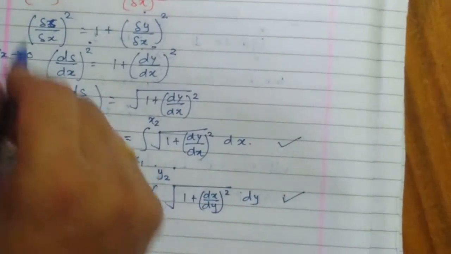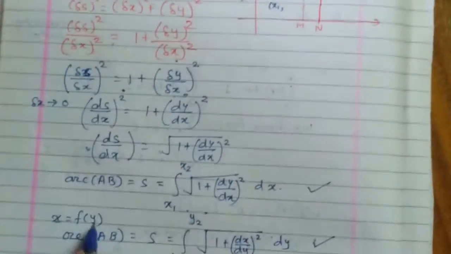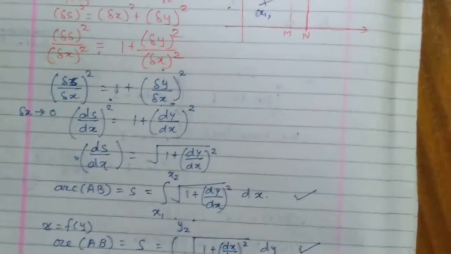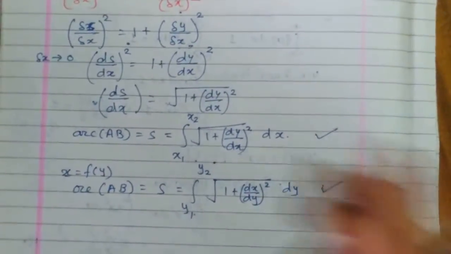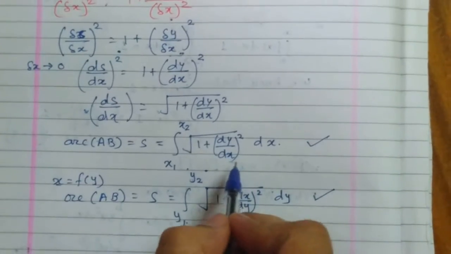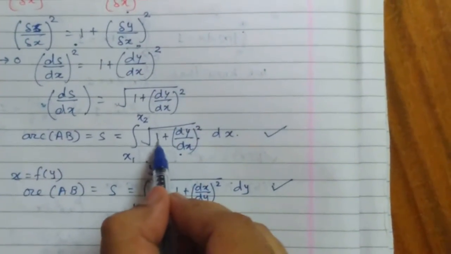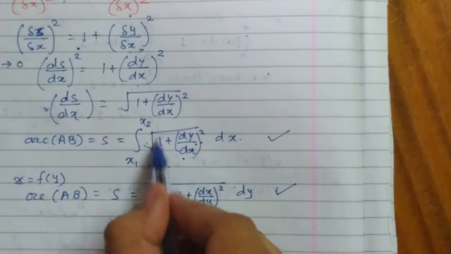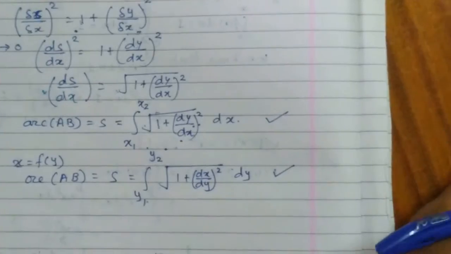You have to identify whether the curve is given as y equal to f of x or x equal to f of y. The only hint is: first find dy by dx, then square it, then take 1 plus (dy by dx) square, then take the square root, and then think about the integration and its limits. That will help you solve the problems.